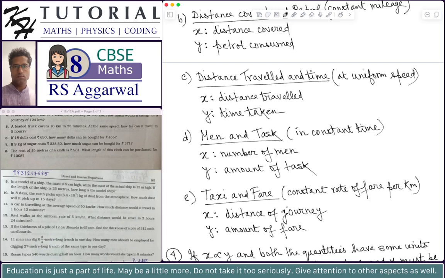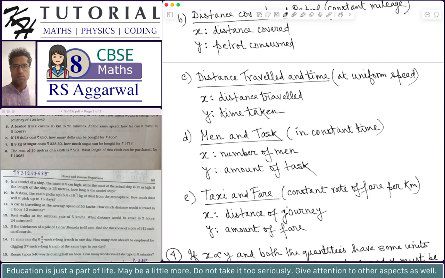If we keep the time constant, that is, a certain number of men is completing a certain amount of task in a certain time, let's say 12 hours or 1 day or even 1 week, then the number of men and the amount of task will be in direct variation. The more men you employ, the more will be the amount of task completed.